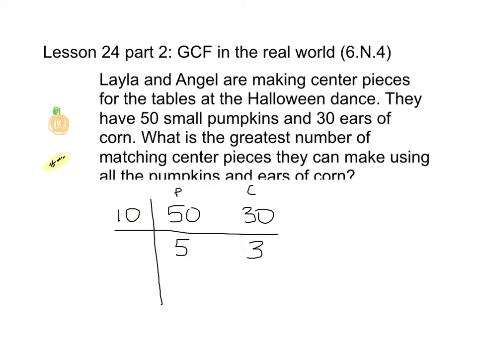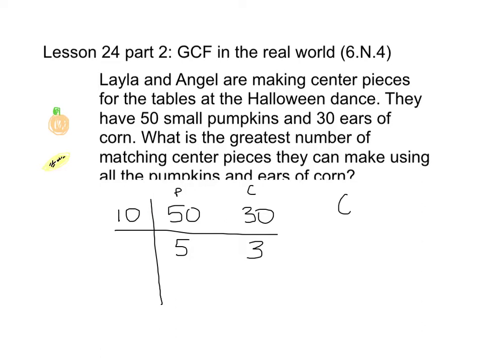Okay, I'm going to take a look at 5 and 3. Is there a number that divides evenly into both of those? No, there isn't. 1 times 5 is the only factors there, and 1 times 3. Nothing's going into both of them other than 1. It has to be other than 1, because 1 can go into everything. So what that tells me is that my GCF is 10.